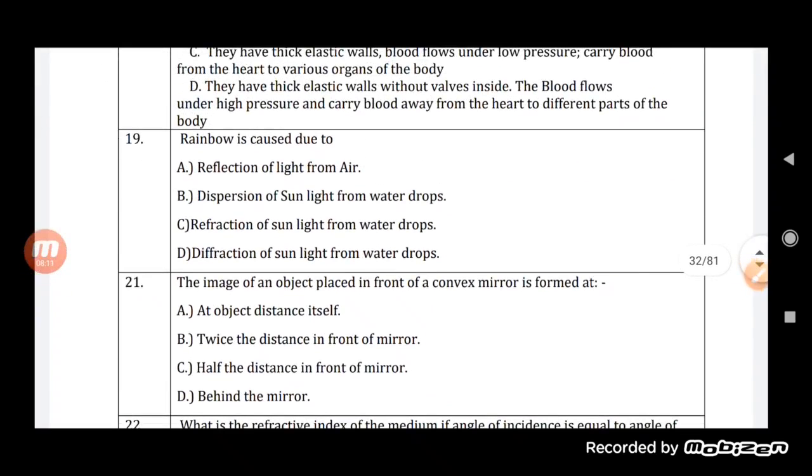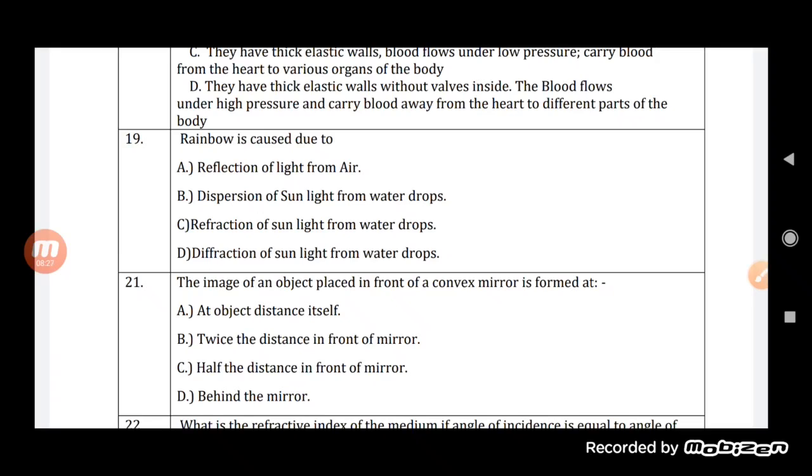Now, a rainbow is caused due to reflection of light from air, dispersion of sunlight from a water drop, refraction of sunlight from a water drop, or diffraction of sunlight from a water drop.